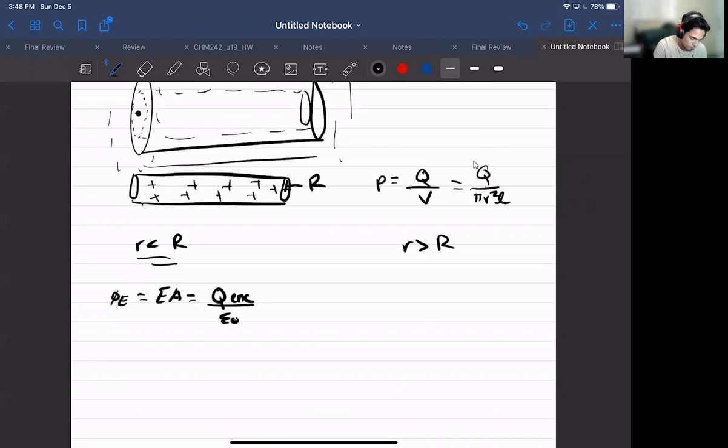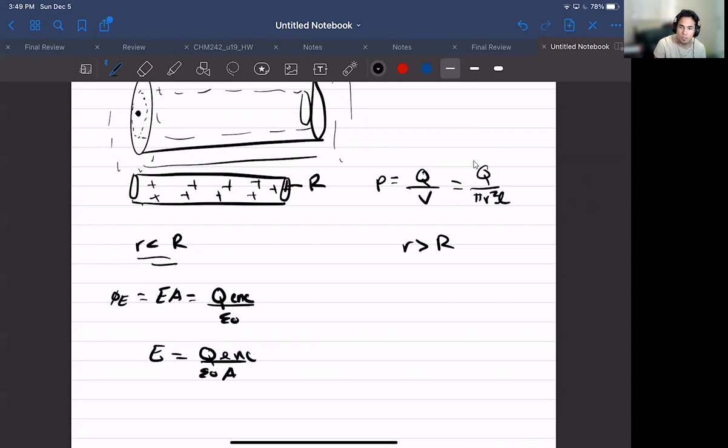Okay, so for a radius smaller than the original one, in this case inside the cylinder, we have that the electric field is the charge divided by the constant times the area. Okay, so now what is the Q enclosed in that area?